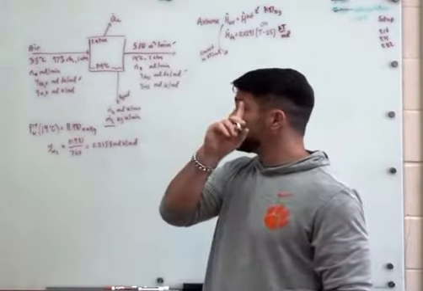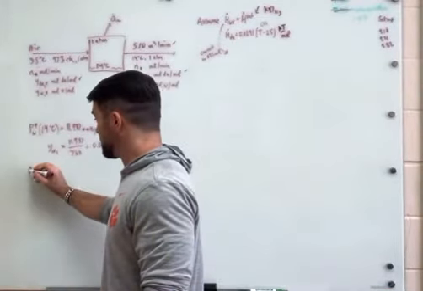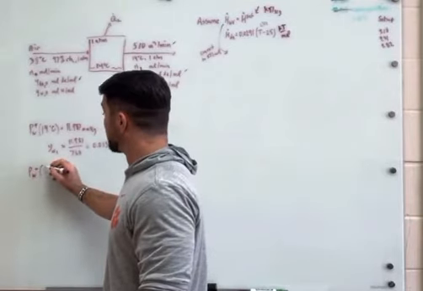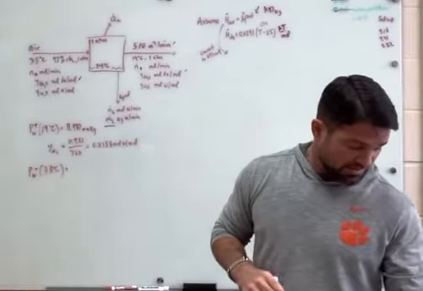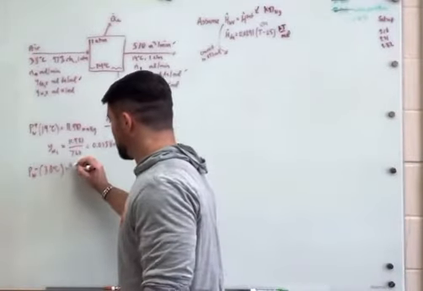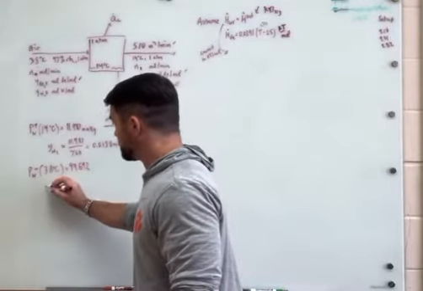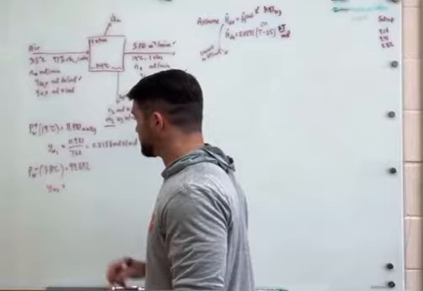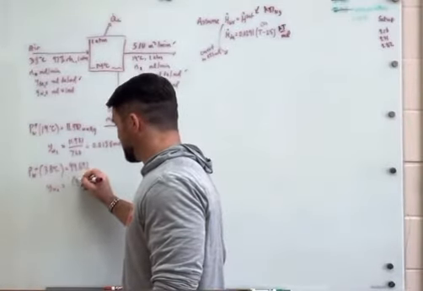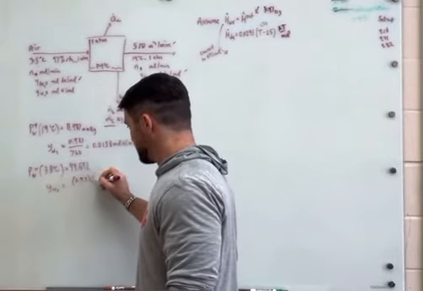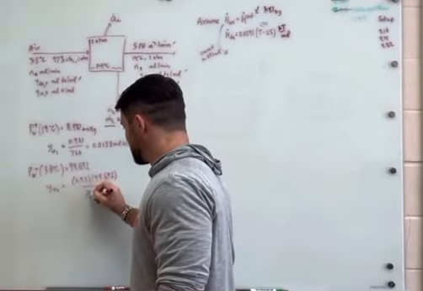I'm going to use the relative humidity definition to determine the mole fraction in the inlet stream. From table B3, the saturation pressure of water at 38 degrees C is 49.692. Because it's 97% relative humidity, the mole fraction of water in the inlet stream is 97% of this value, 49.692 divided by 760.